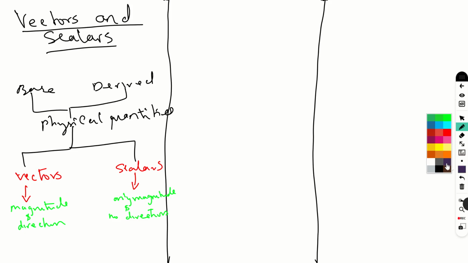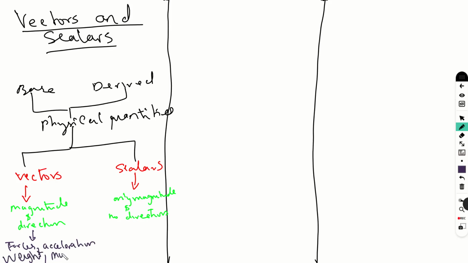Now, what are examples of vectors and scalars? Examples of vectors that we know are forces, acceleration, weight, momentum, velocity, and so on.